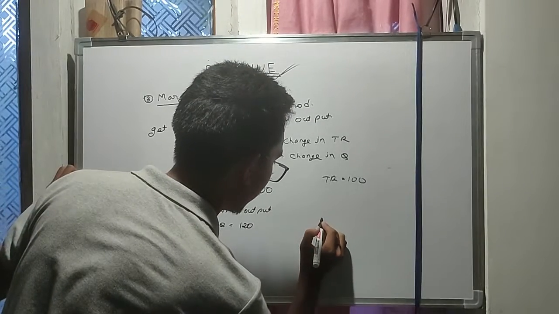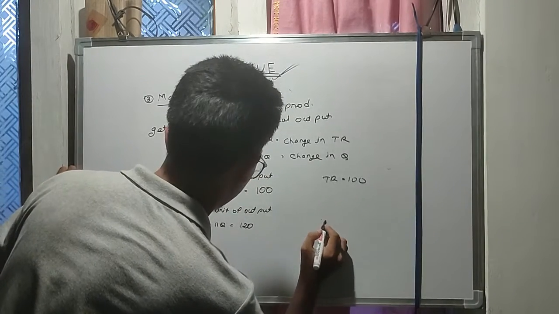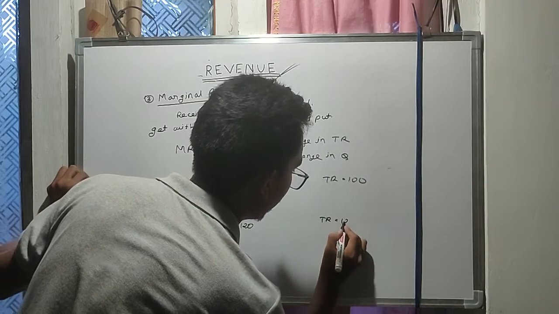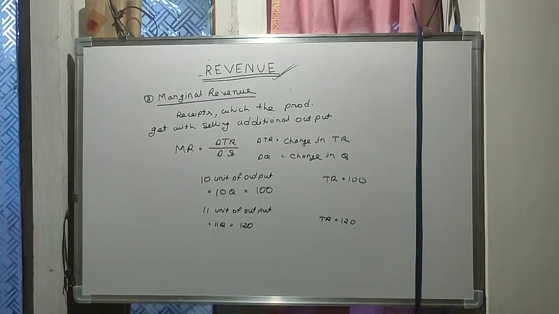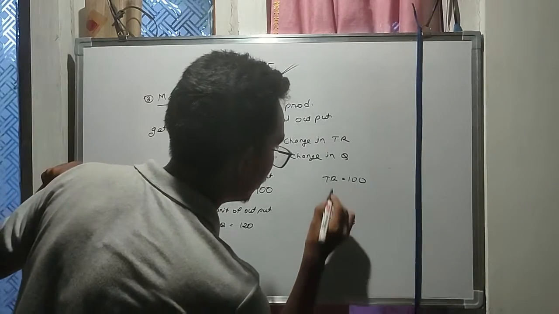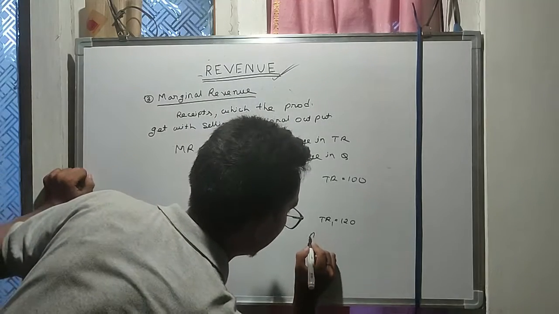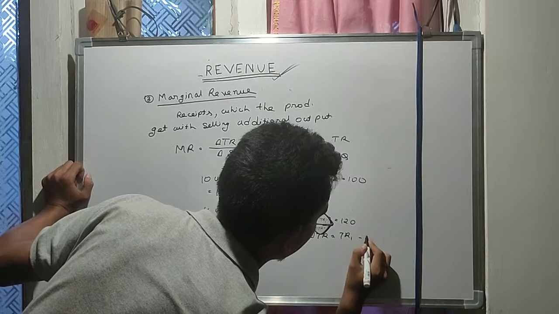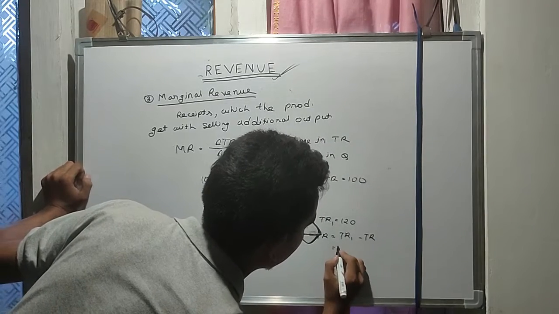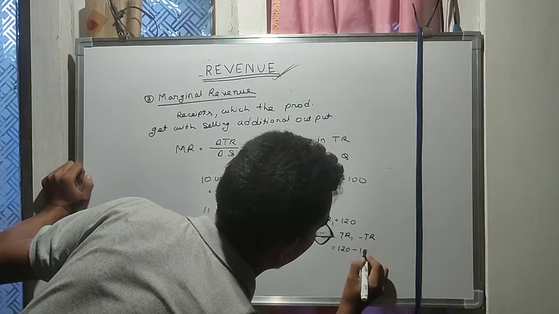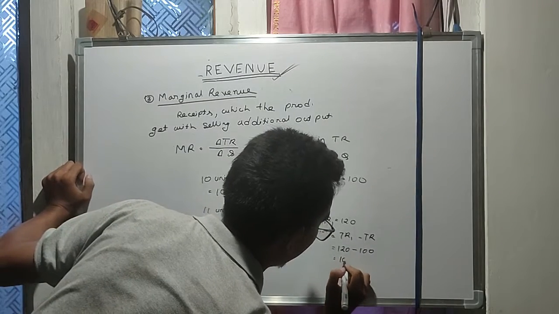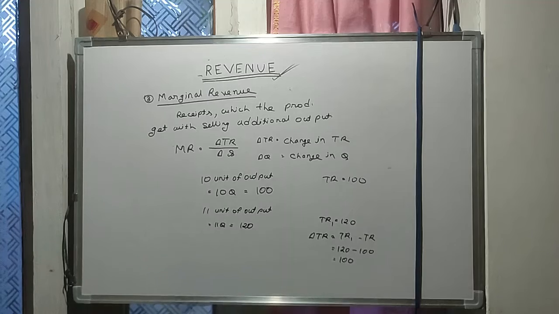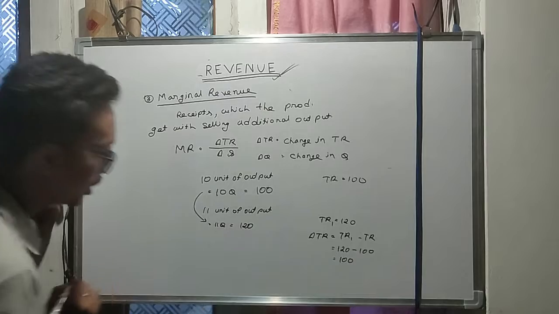120. So TR becomes 120. It is TR1 and TR0. So we can say that del TR equal to TR1 minus TR0, so 120 minus 100. Del TR will be 20. And then quantity also changes.